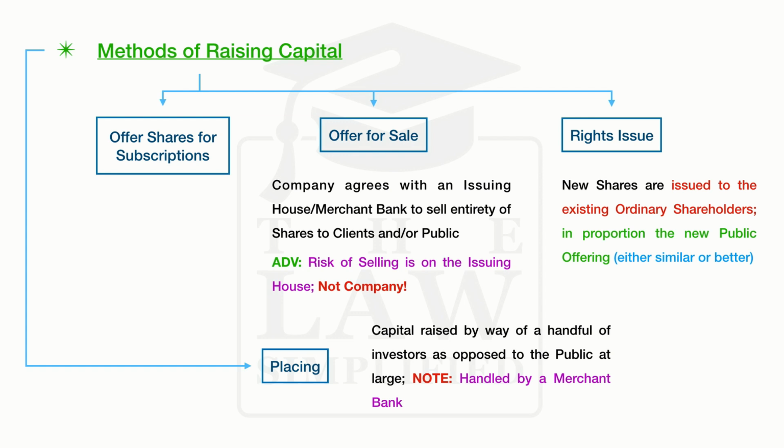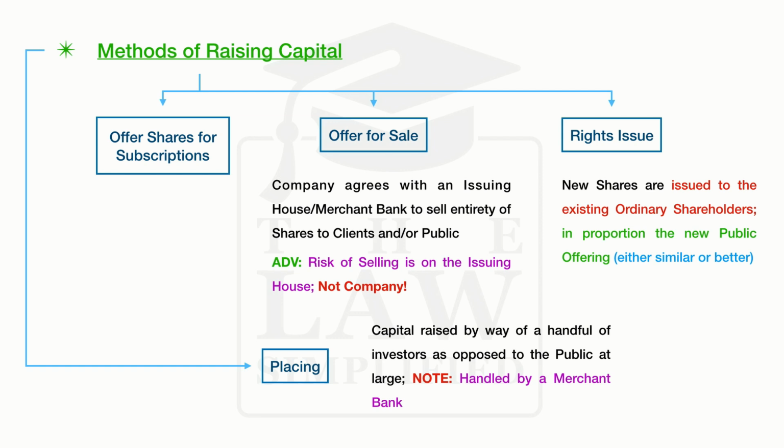Similarly, you have placing or placement, where unlike the other methods that we just looked at, where you offer it to the entirety of the public, a large mass of clients or the existing shareholders, capital is raised by a handful of handpicked investors as opposed to the public. This too can be handled by a merchant bank.